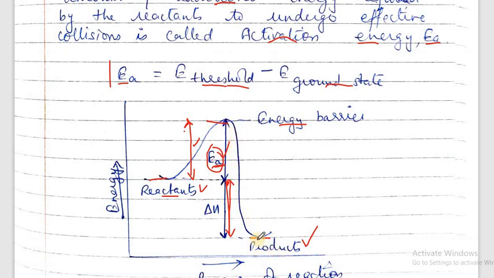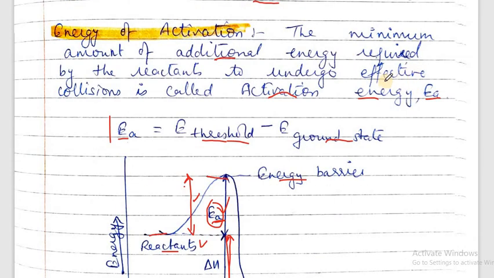If this is the energy of products, then this amount of energy is released, so it is shown as an exothermic reaction.